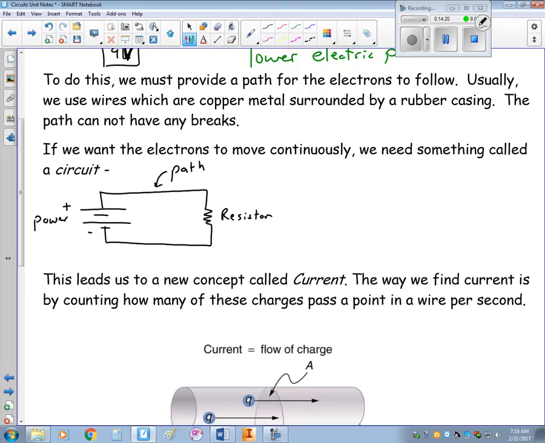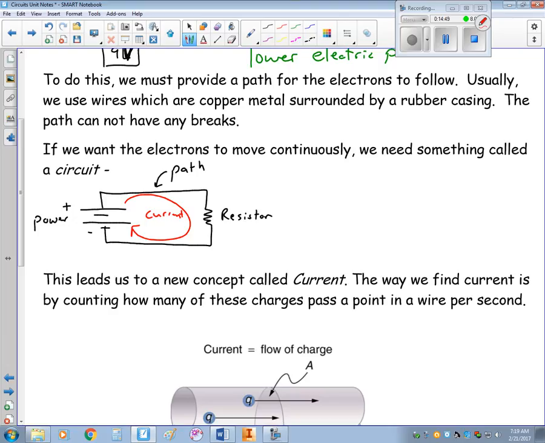So then electrons are going to flow towards higher potential. So the electrons are going to leave the negative side of the battery and enter the positive side. However, circuits were developed before we knew much about electrons. So the current is going to flow from the positive to the negative.